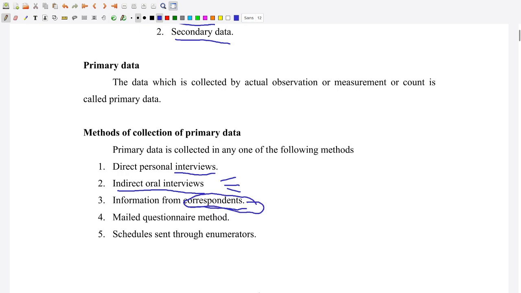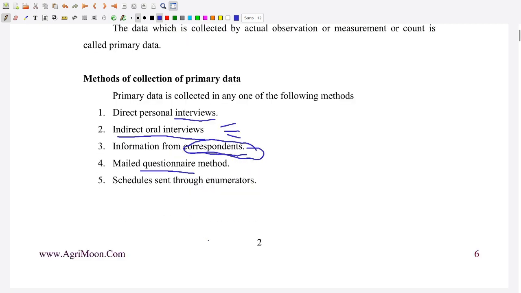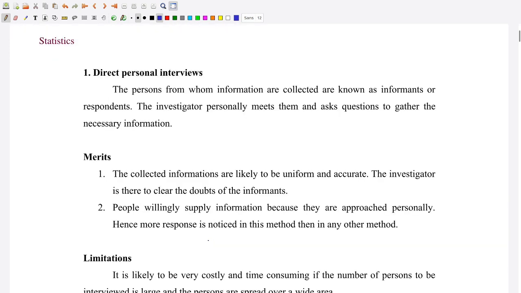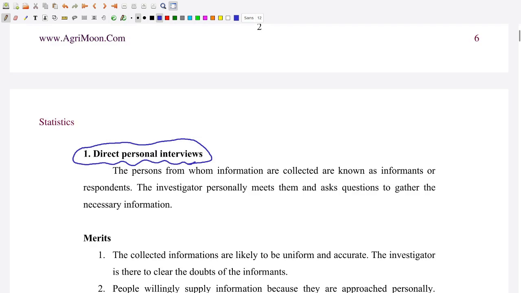So that is also one kind of data. You could create a questionnaire, a question bank, and send it to various people so that they can directly answer it. So these are the kinds of primary data that you have obtained. You could read all these things, when to do what to collect what kind of data. So in detail you could read all these points.